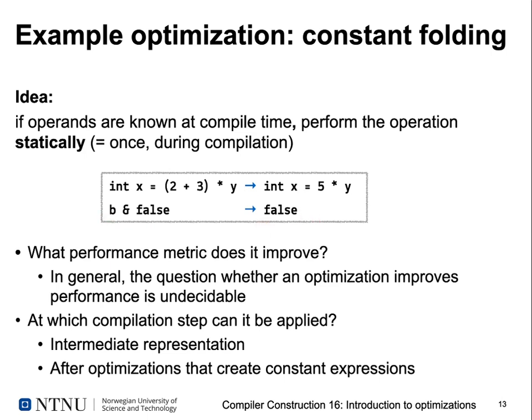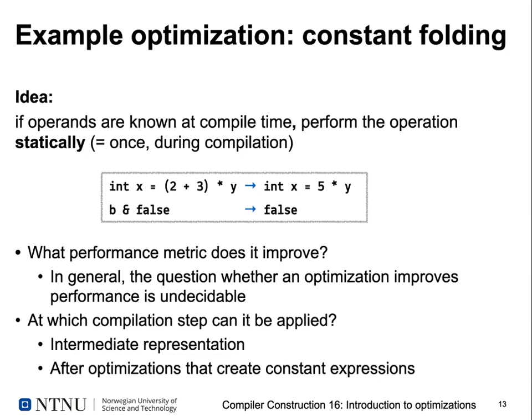So the question is, what performance metric does constant folding improve? And this question is in general actually undecidable. So we don't really know whether an optimization actually improves, for example, performance. But one question that we can actually decide is at which compilation step we should apply this optimization.